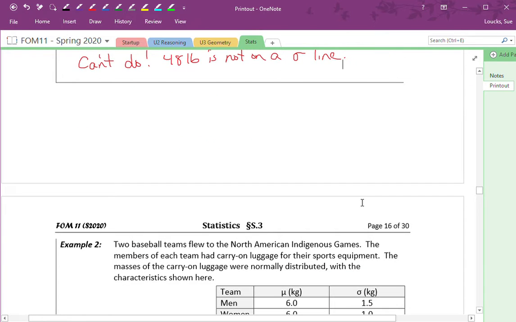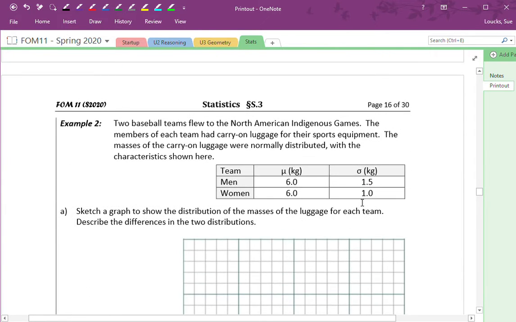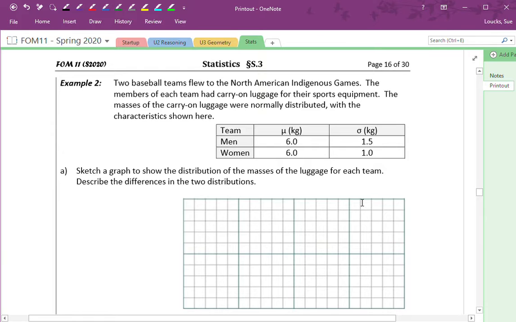Example 2. Two baseball teams flew to the North American Indigenous Games. The members of each team had carry-on luggage for their sports equipment. The masses of the carry-on luggage were normally distributed, which means we can use our normal distribution curve with the characteristics shown here. So there's the mu and the sigma for the men's team and the women's team.